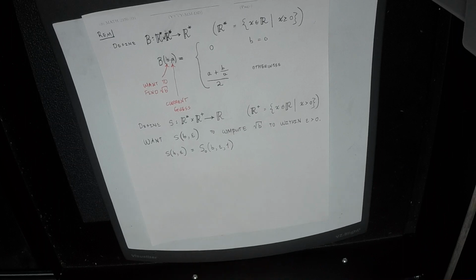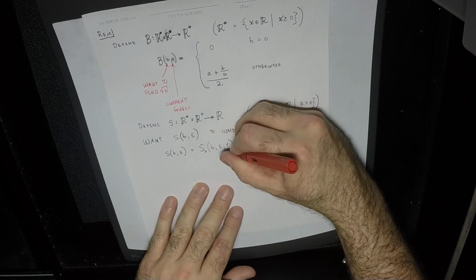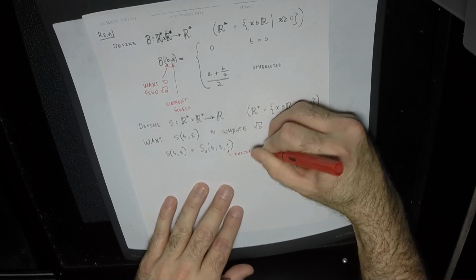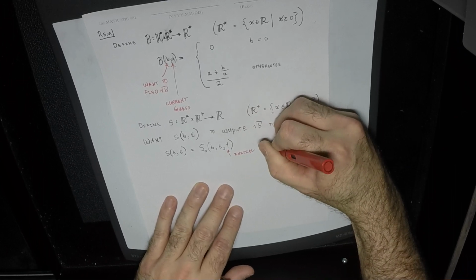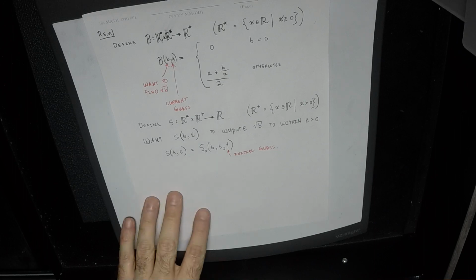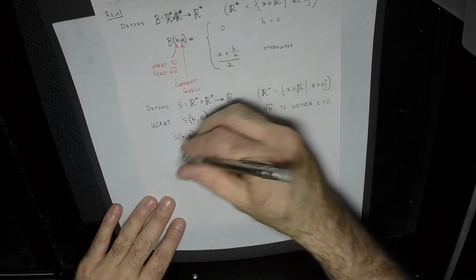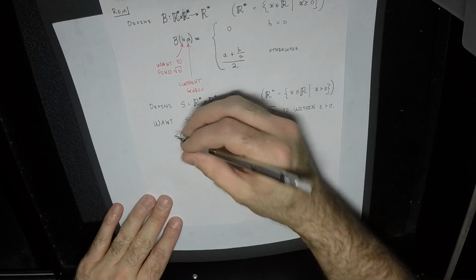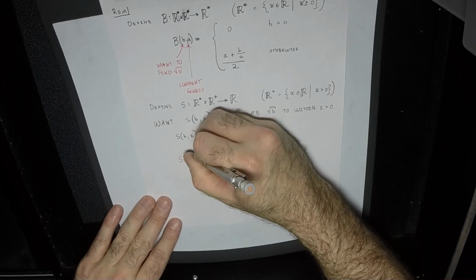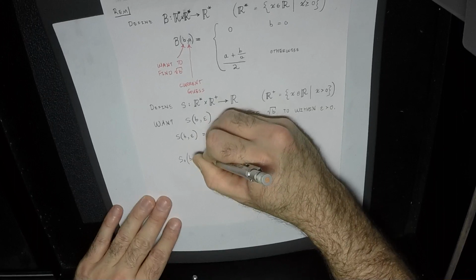So this will be the initial guess. So right now, to make things simple, we're saying that we're always going to start out by guessing that the square root is 1. That being the case, we're going to need a definition for S0. So S0 of b, epsilon, and a.